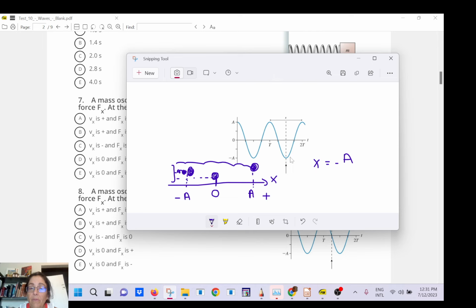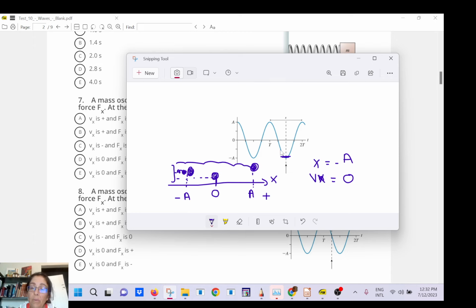Okay? And if you look at the slope, of course, you see that the x component of the velocity here equals 0. Okay, so you know that because when it reached that position here, it's not moving anymore.